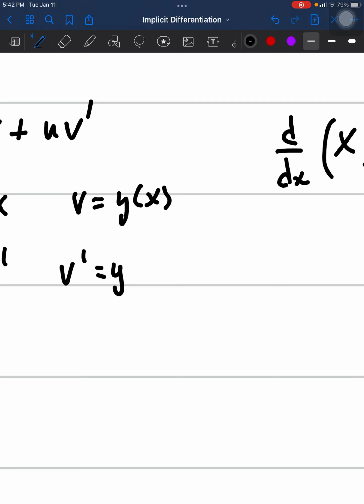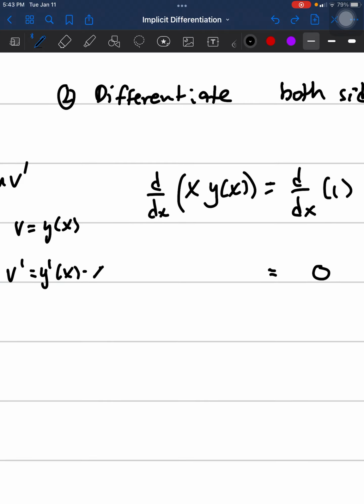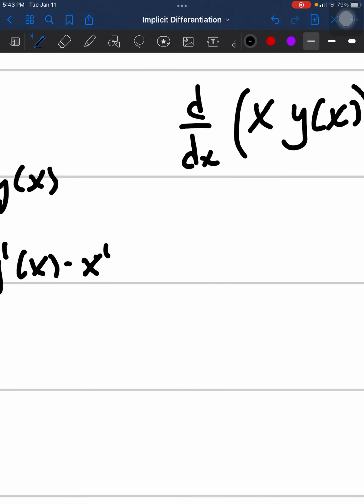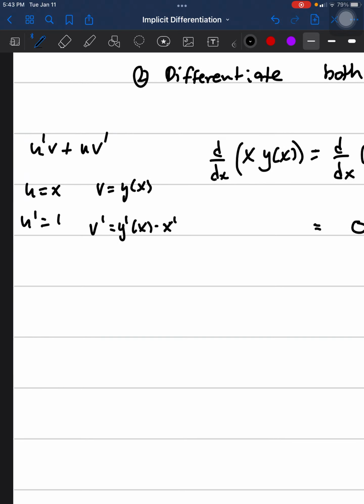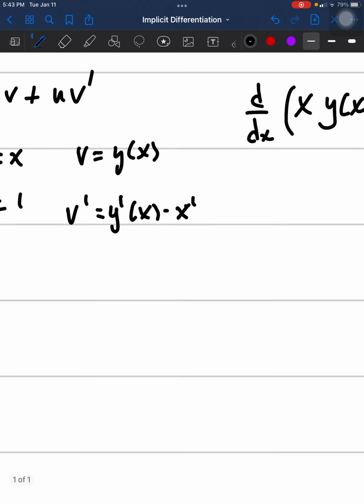V prime is basically equal to y prime of x times x prime. And I'm multiplying by this x prime because this is the chain rule.